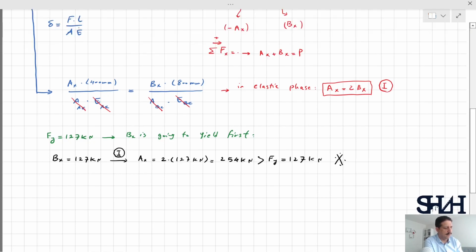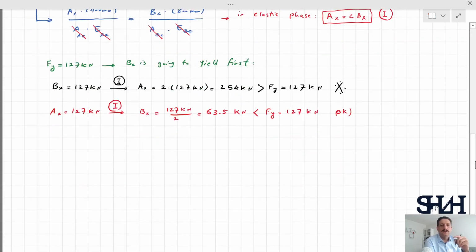Then we have to come back and assume that, okay, AX will be 127. And if we apply this value to equation 1, then BX will be 127 kilonewton divided by 2, or 63.5 kilonewton, which is smaller than Fy, 127 kilonewton. So this is the first step.